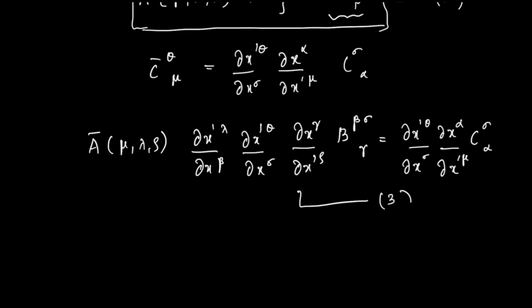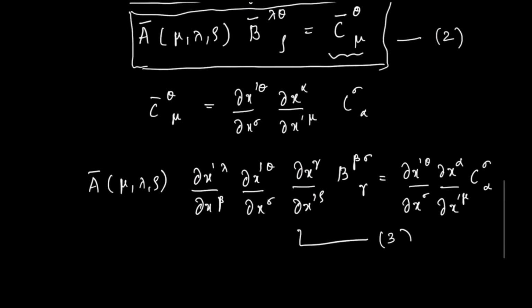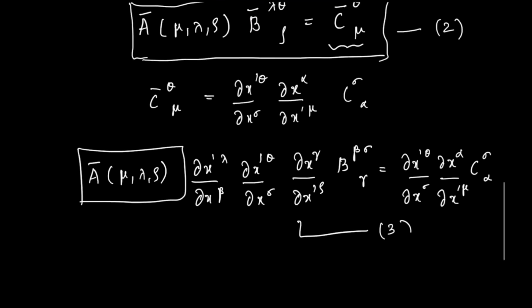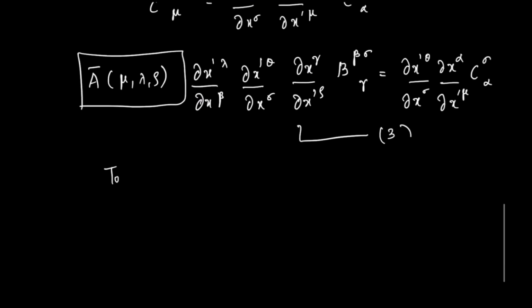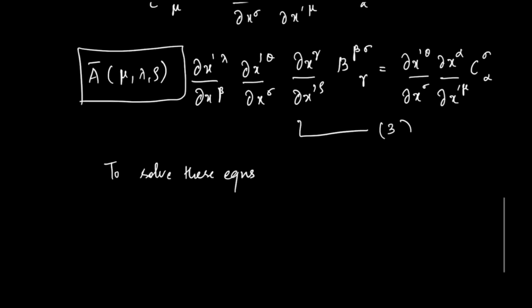Now we have to solve all these equations and find A bar. To solve this, first I multiply equation 1 with the partial derivative of x prime theta, this quantity.